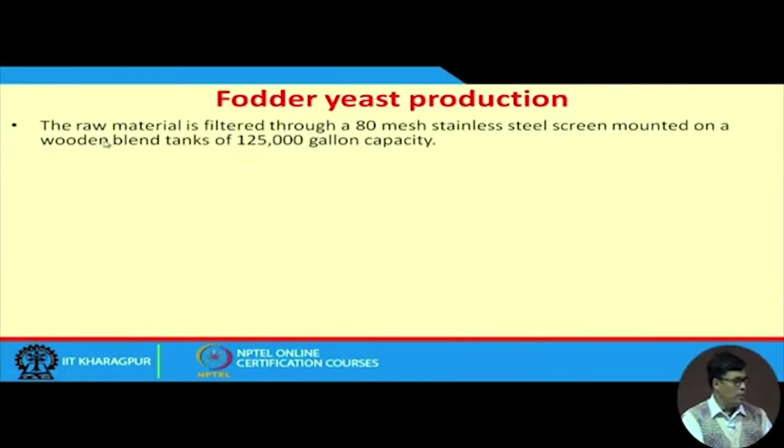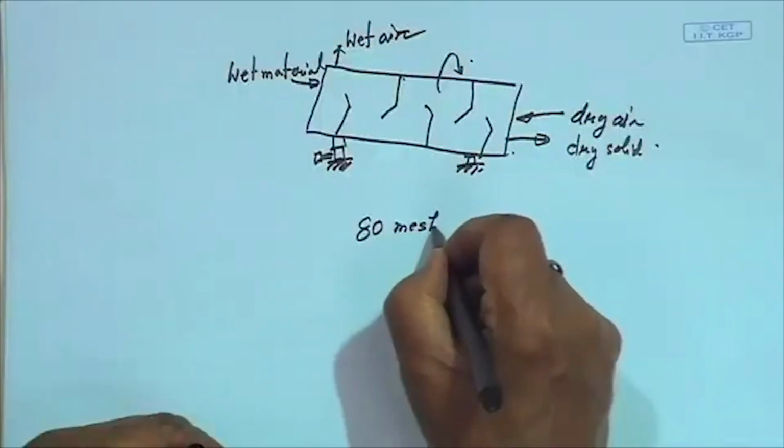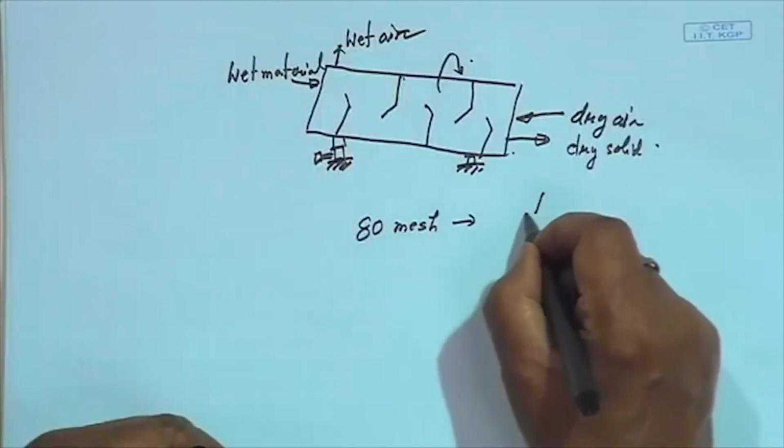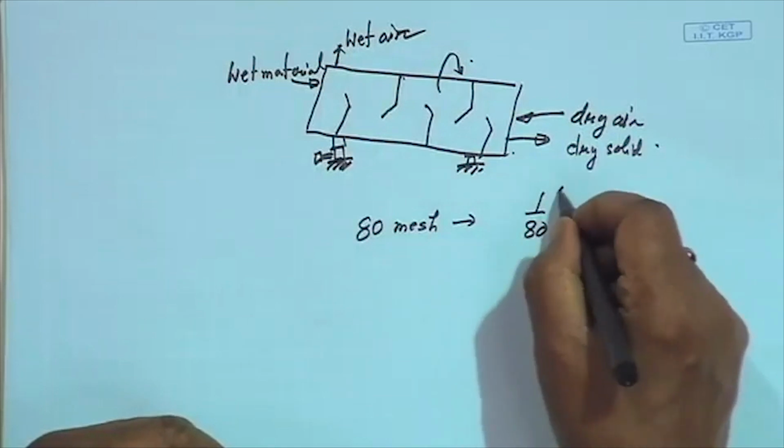Now fodder yeast, the raw material is filtered through the 80 mesh stainless steel screen mounted on a wooden blend tank, 125,000 gallon capacity. I already discussed what we mean by 80 mesh. 80 means the pore size is approximately 1 by 80 inch.